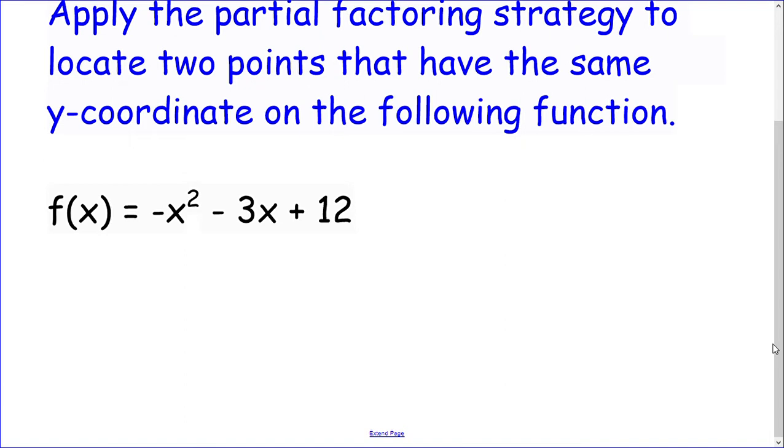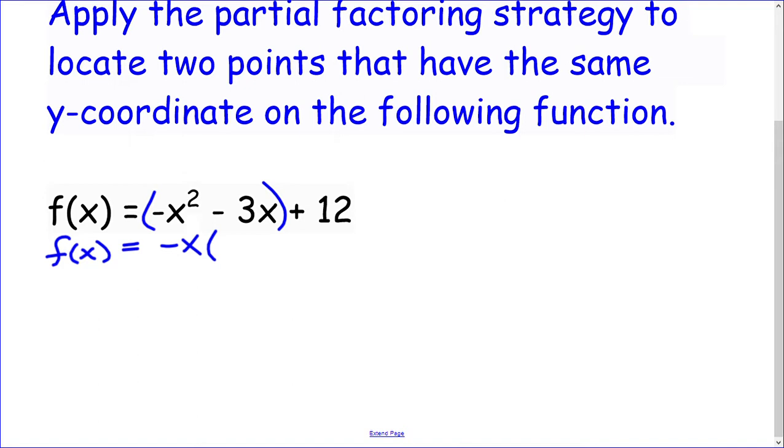So with this one now, I'm going through the same kind of partial factoring strategy. So f of x is equal to, I'm going to factor out my x term to start, and then I'm going to write what's left over. So I'm grouping my first 2 terms together and partial factoring those out.